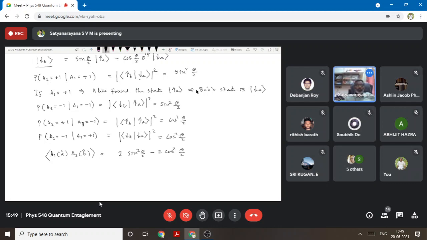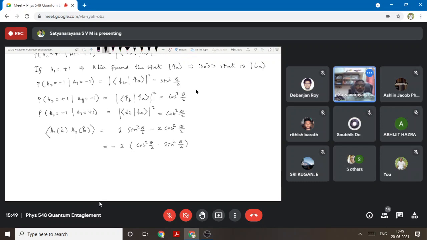Okay, or this can be written as minus 2 times cos square theta by 2 minus sine square theta by 2. So that is equal to minus 2 cos theta.